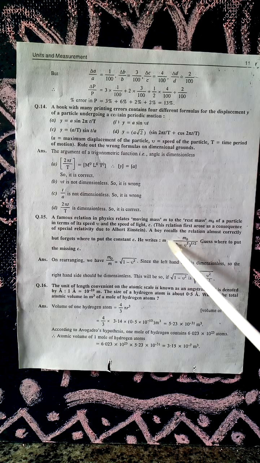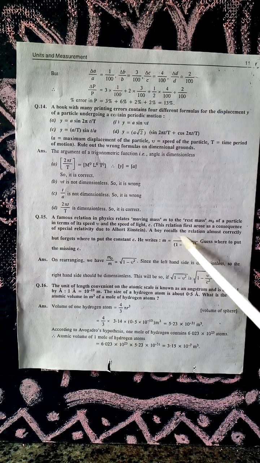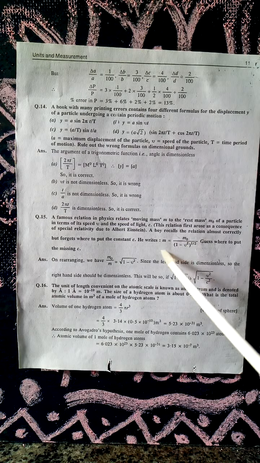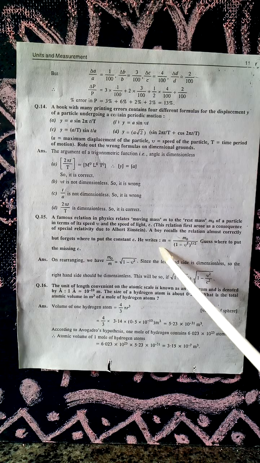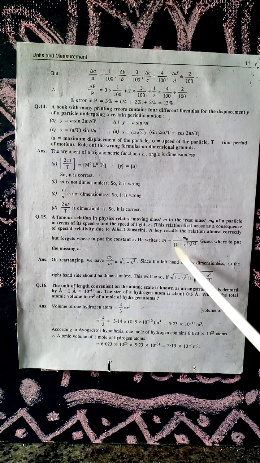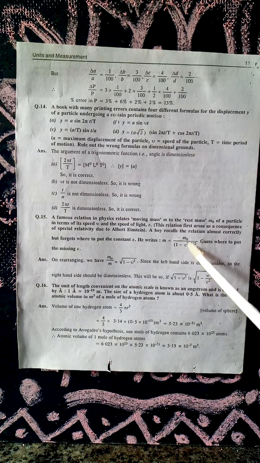So m by m naught, take it to one side because m and m should come to one side. I'll take m naught to this side, m divided by m naught, is equal to 1 minus v square, with 1 by 2 remaining here.